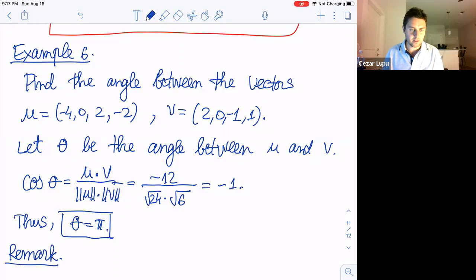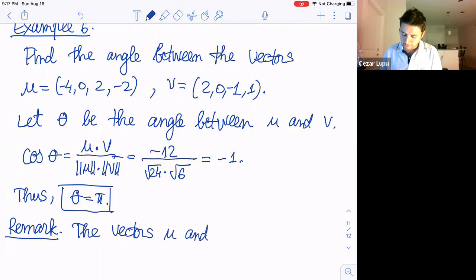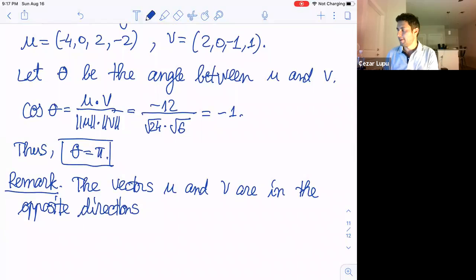They're in opposite directions, since u equals -2v.